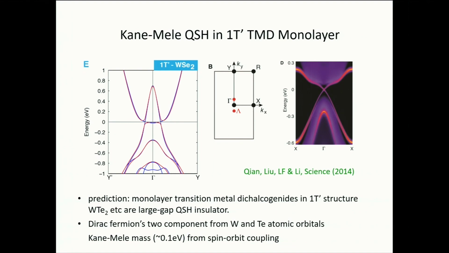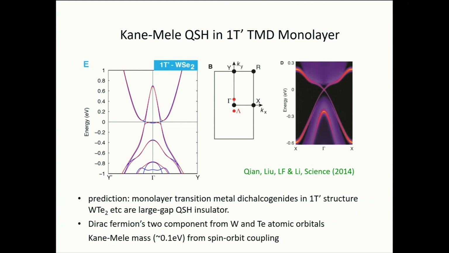Basically the conduction band comes from the tungsten transition metal d orbital, and the valence band comes from the chalcogenide p orbital. You see that the conduction band d orbital comes down and goes below the Fermi energy, while the p orbital goes above the Fermi energy. So there is this band inversion around the gamma point.